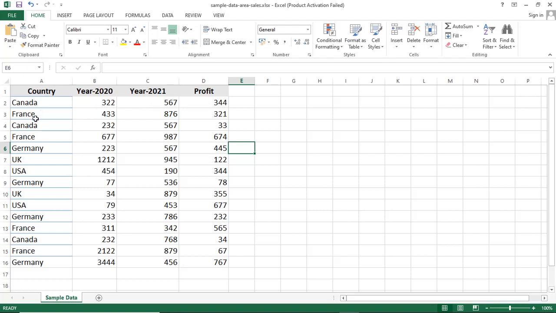Again, France for 2020 sale 433, for 2021 sale 867 and the profit 3210. Again Canada, second sale for the same year 2020 232 and 2021 567, profit is 33.